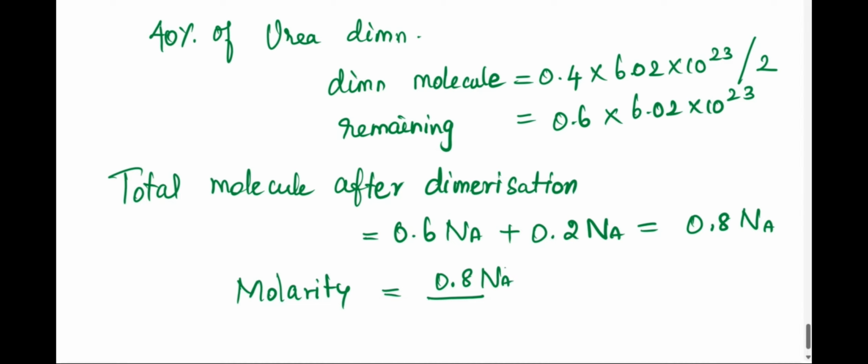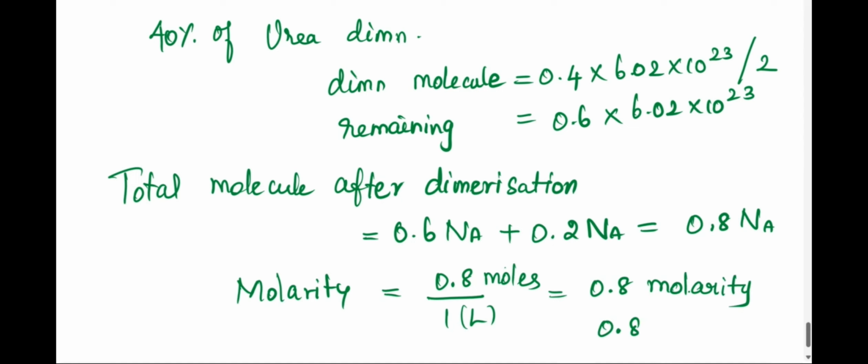I am cutting out this Na because I'm just taking the number of moles. So 0.8 moles divided by 1 liter is equal to 0.8 molarity, 0.8 M.